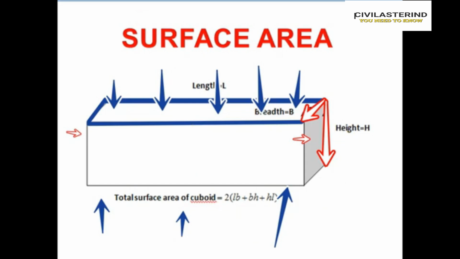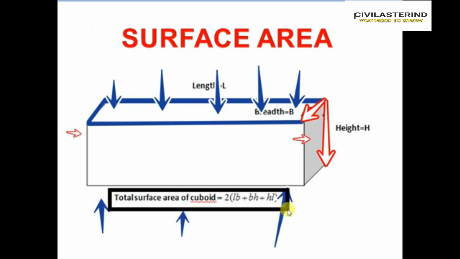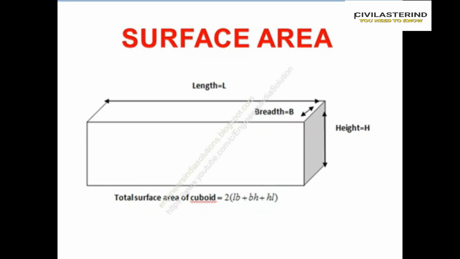So if we add up this whole area, we get the solution, and that is the surface area of a cuboid. So I hope I've been able to explain the surface area of a cuboid. And so this is how we take out the surface area.